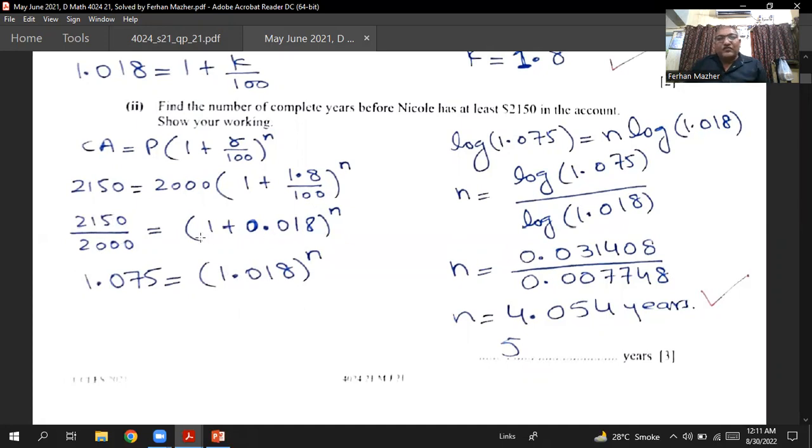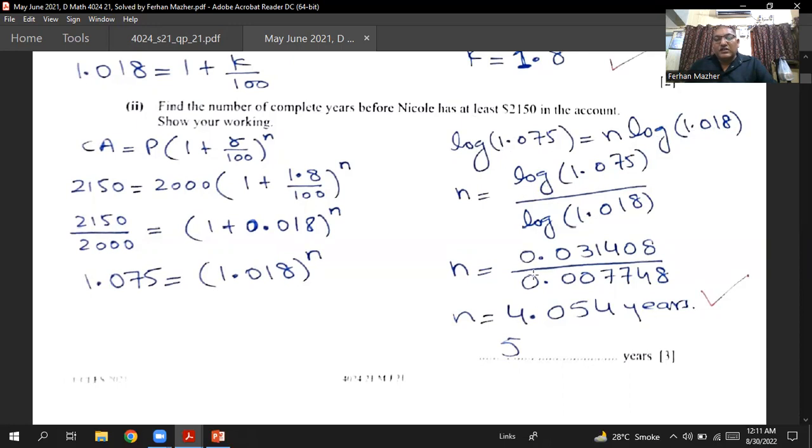So if you want to find out the value of n, in your Add Maths you must have studied that we can take log on both sides. So log 1.075 equals, whenever we take the log, the power comes to the side, times the log of the base. And in your calculator, you have seen the log icon there. So log 1.075 divided by log 1.018.